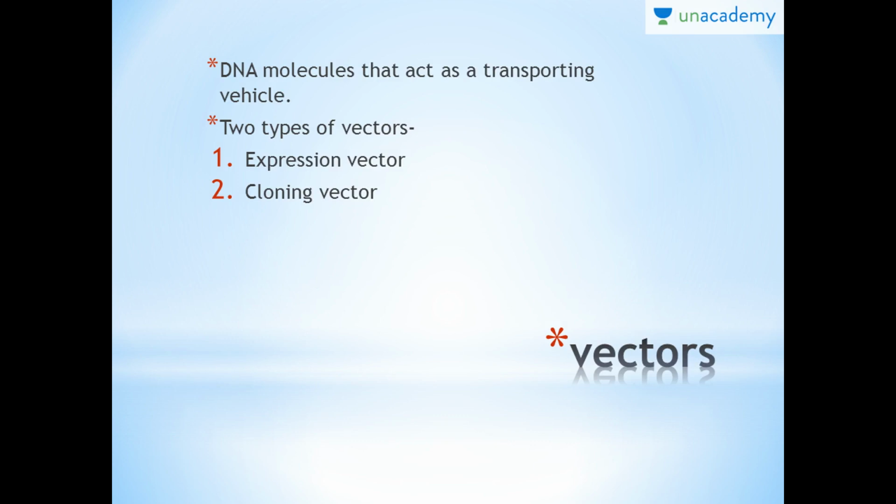And there are two types of vector. First is the expression vector and second is the cloning vector. An expression vector is used to express the genes so that our required or desired protein is formed. And a cloning vector, as its name suggests, is used to make copies of that desired or foreign DNA.